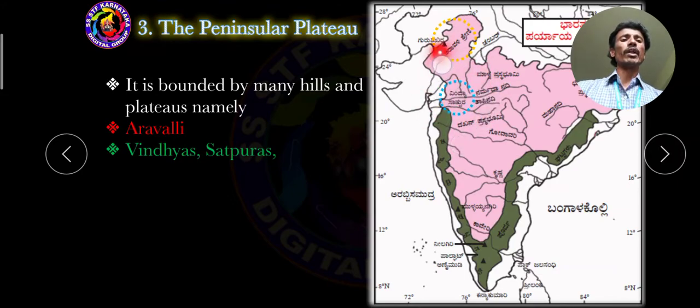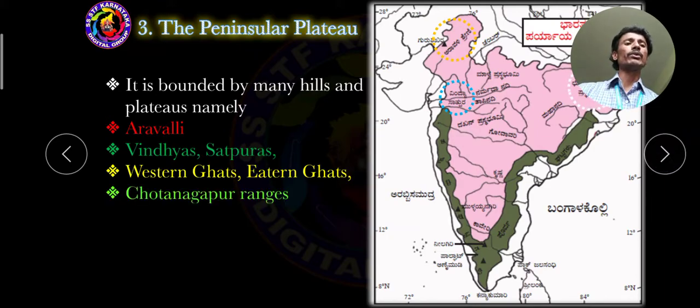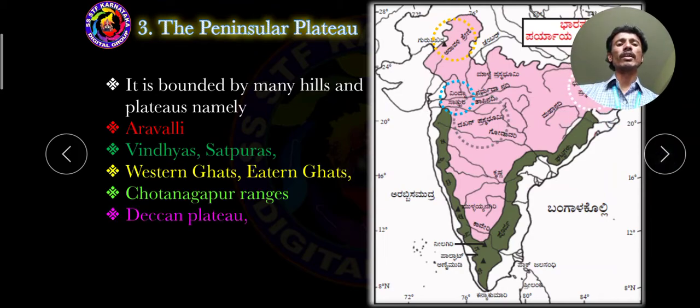Bounded means we can see these only in the border areas. The Aravali is located in the border area, then the Vindhya and Satpura ranges also. Then the Western Ghats and Eastern Ghats, the green color, from the west and from the east. Then the Chota Nagpur Plateau, the Deccan Plateau, and the Malwa Plateau.